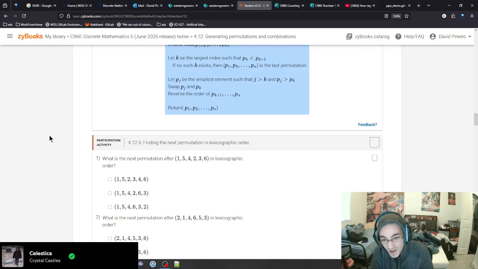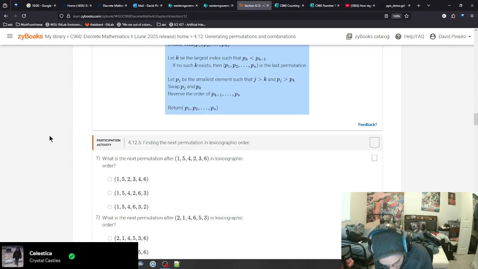So let's try this out. We got 1, 5, 4, 2, 3, 6. So we're gonna find the largest K that is smaller than the one after it. I see the 3 is smaller than the 6, so this is K. J would have to be anything after this that is larger than the Kth element and also the smallest of all of them.